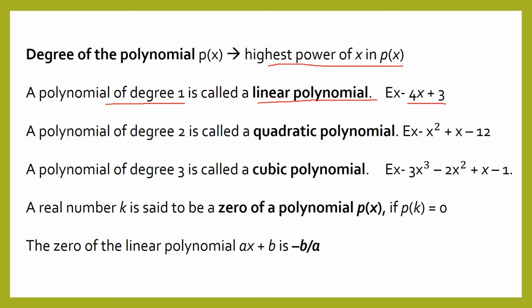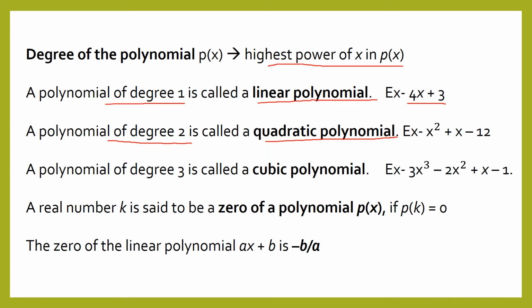If the polynomial is of degree 2, then it is called quadratic polynomial. For example, x squared plus x minus 12. Here, x has a maximum power of 2. So, it is a polynomial with degree 2. Hence, it is called quadratic polynomial.